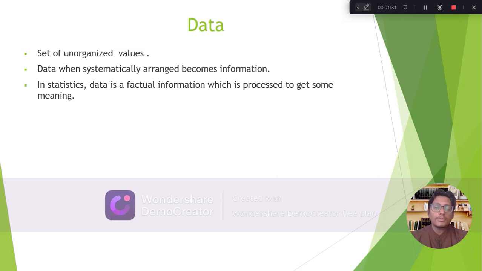When it becomes useful, we analyze it to get the meaning out of it. So data is very important, but the first thing is to arrange it, to organize it into some information so that we can get our benefit out of it. I hope it's clear to you.